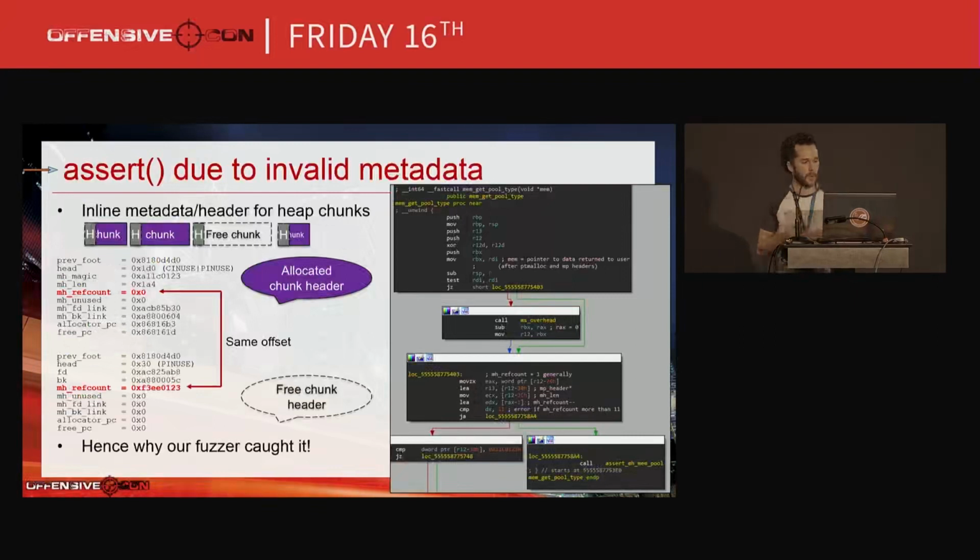Just as our fuzzer found it, there is inline metadata for allocated chunks and free chunks, but they are different. Basically, when you free a chunk, there is some check on the metadata that it is actually a valid allocated chunk. Because we do a double free, the metadata is wrong, and it ends up resulting in an assert. Hence why our fuzzer found the bug.